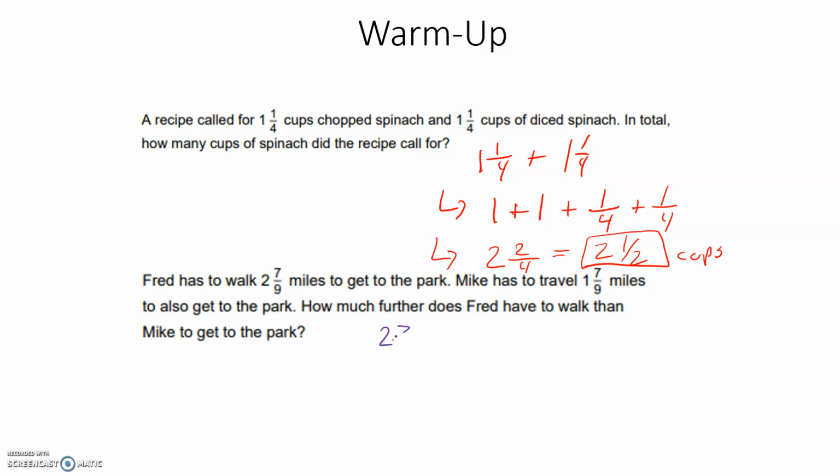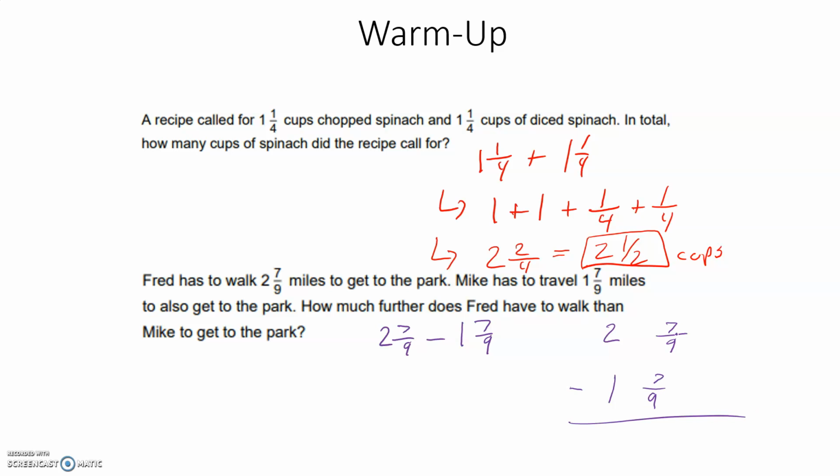So 2 7/9 minus 1 7/9. Okay, now there's a couple ways I can do it. I'm going to do this one a little bit differently than what I did before. I'm going to write it out as an algorithm. So I have 2 whole and 7/9 minus 1 7/9.